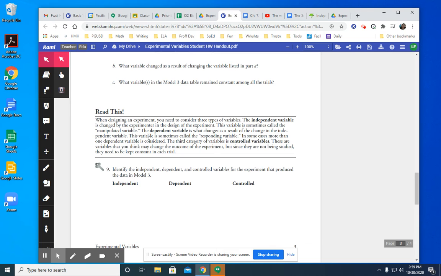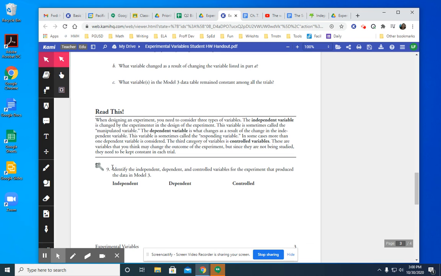This variable is sometimes called the responding variable. In some cases, more than one dependent variable is considered. The third category of variables is controlled variables. These are variables that you think may change the outcome of the experiment, but since they are not being studied, they need to be kept constant in each trial.